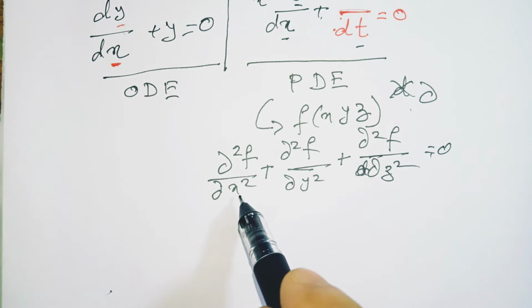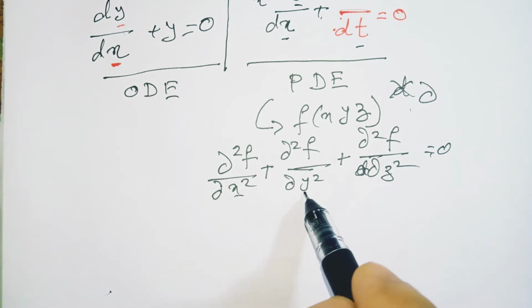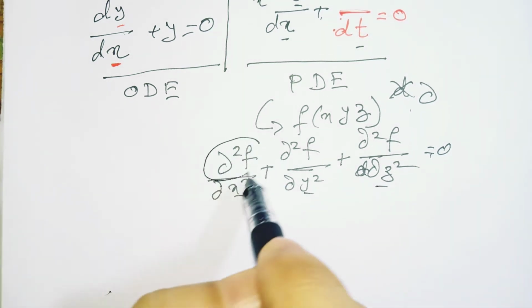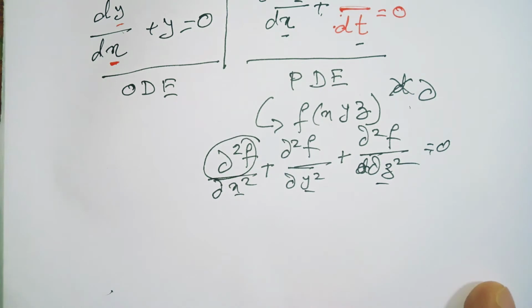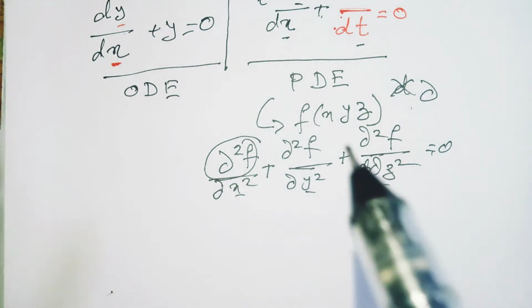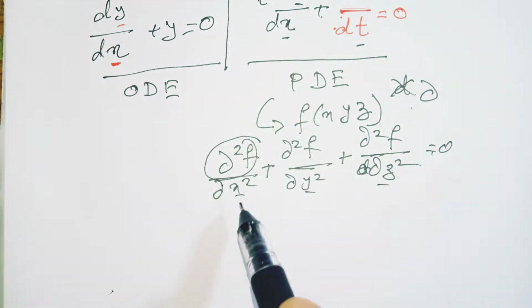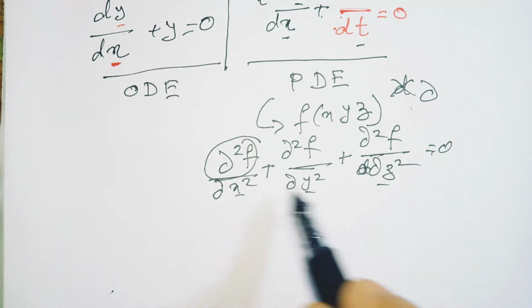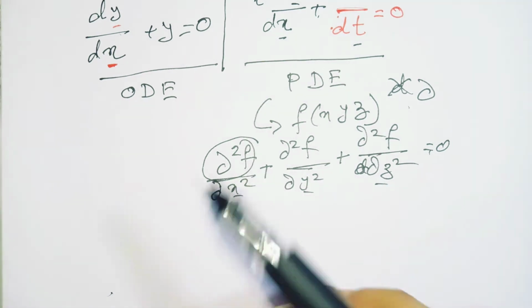What we are doing is differentiating with respect to one variable, keeping the other variables constant.